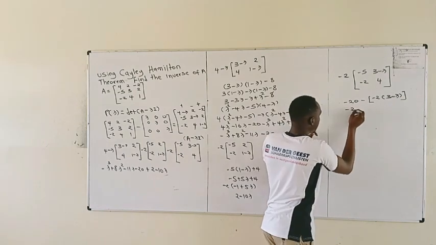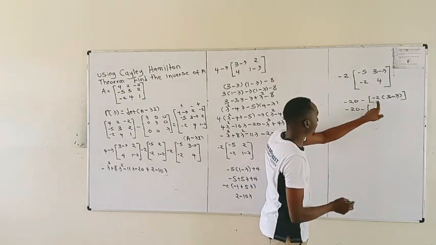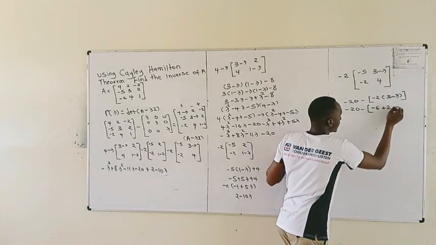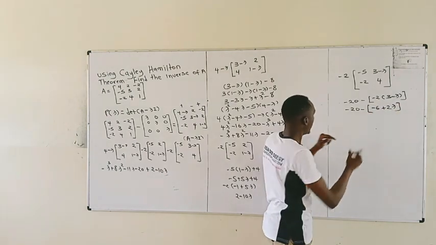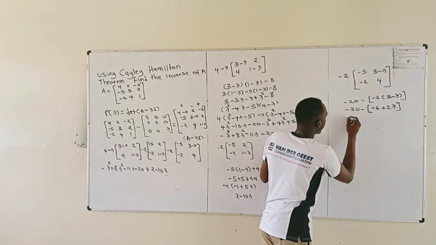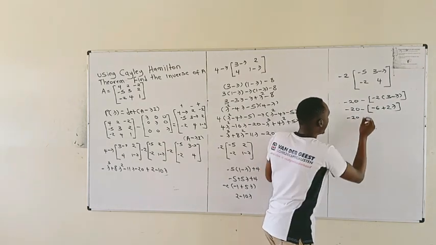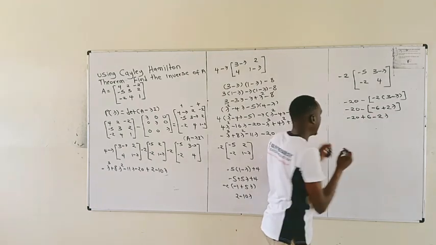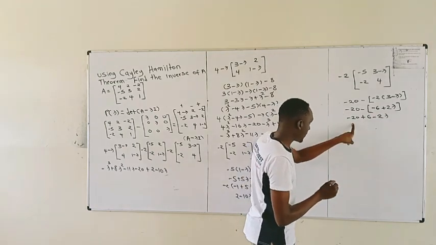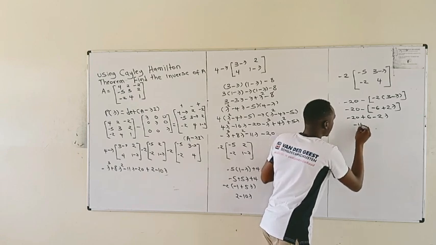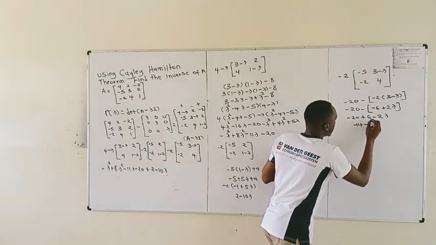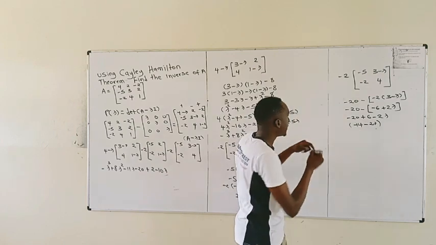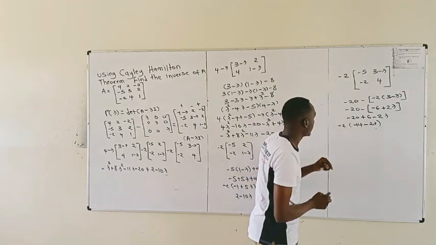We have minus 20 minus, this will be minus 6, this will be plus 2 lambda. When we open the bracket with a negative, we have minus 20, it will be now plus 6 minus 2 lambda. Minus 20 plus 6 is minus 14 minus 2 lambda. And remember, all of these we multiply with negative 2.